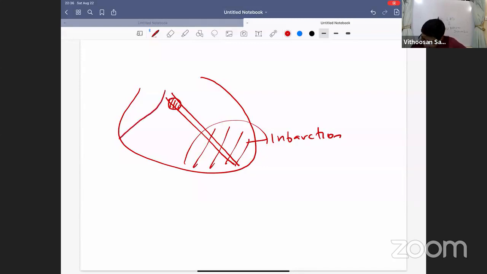Say this blood vessel is supplying this area and the inferior surface. So if there is a blockage here, this part will undergo infarction. Yes or no? Come on, guys. This is okay, no? In that case, we saw there is this right corner here.